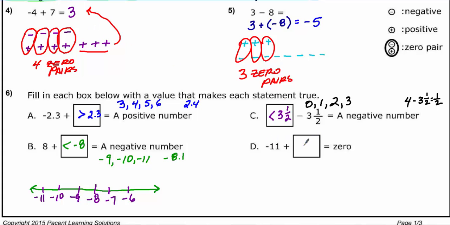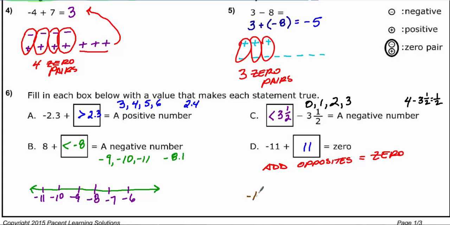Negative 11 plus what makes 0? It's positive 11. You add opposites to equal 0. Now you might say, wait a minute, last week I tried that and it didn't work. That's true because last week it was a subtraction problem.